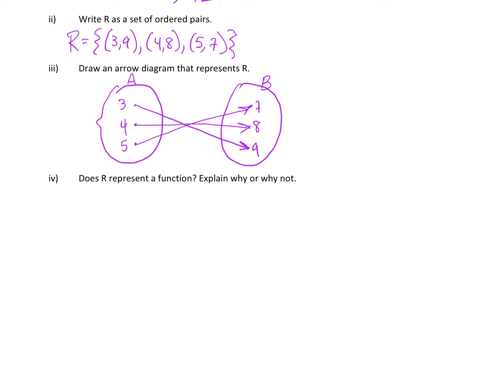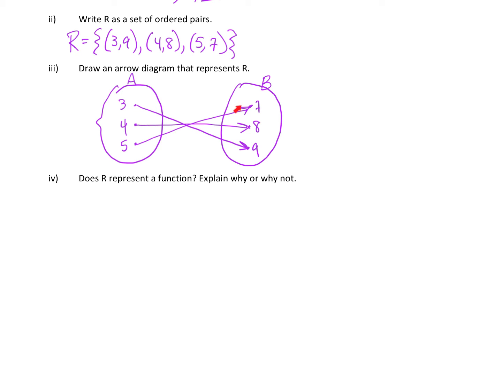Now, does R represent a function? So there were two conditions. Remember, every element of the domain has to be paired with something. So that is true. 3, 4, and 5 all get paired with something in the codomain. And it has to be that each element from the domain gets paired with one and only one element from the codomain. So 3 gets paired with 9, one element.